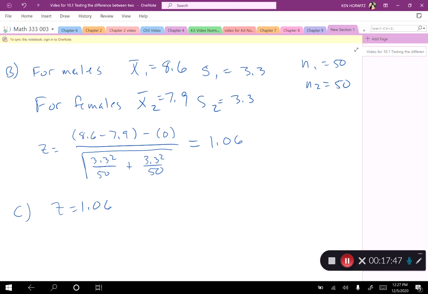So my chart gives me area to the left. So I did 1 minus 0.8554, and I got 0.1446.